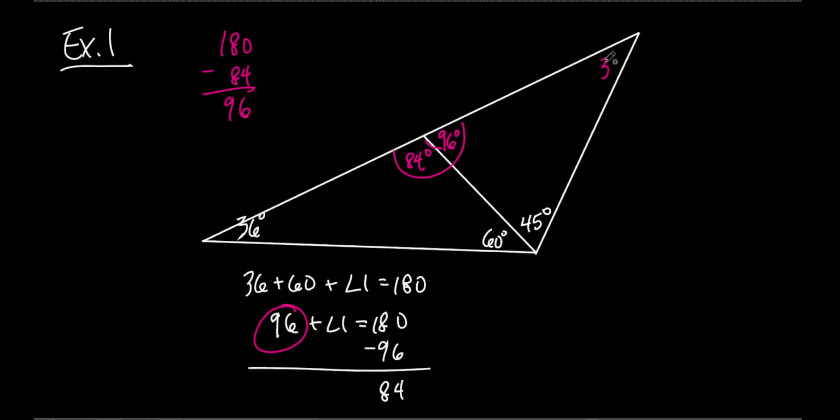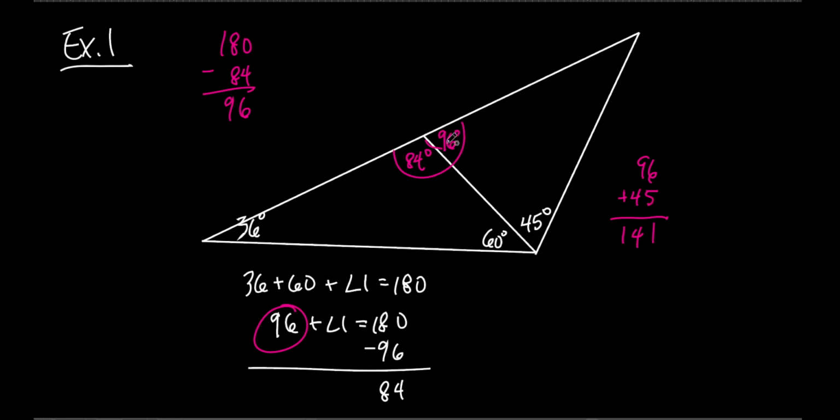Now, how can I find angle 3? Yeah, just add the 96 and the 45, okay? And then do what to it, though? Take it away from 180, that's right. So, what's 96 and 45? That's 141.